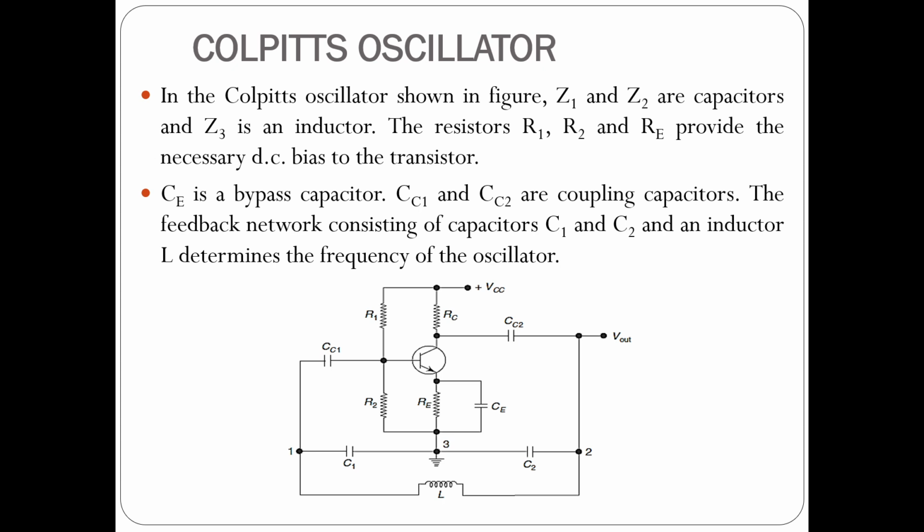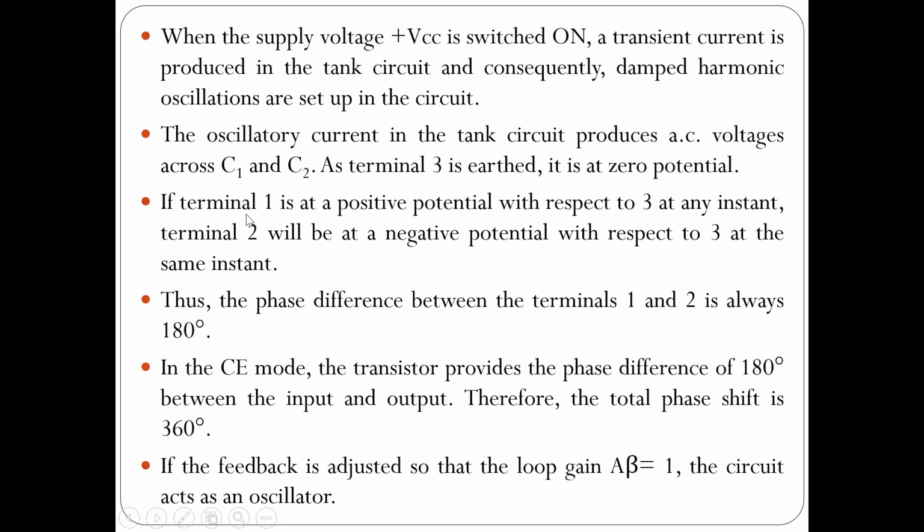Colpitts oscillator. The Colpitts oscillator is shown in the given figure. Z1 and Z2 are capacitors and Z3 is an inductor. The resistors R1, R2 and RE provide the necessary DC bias to the given circuit.